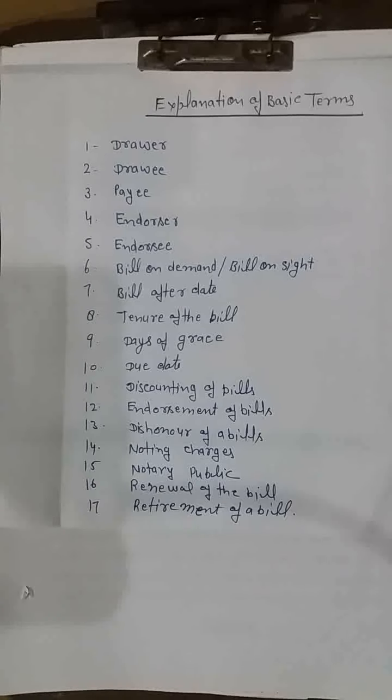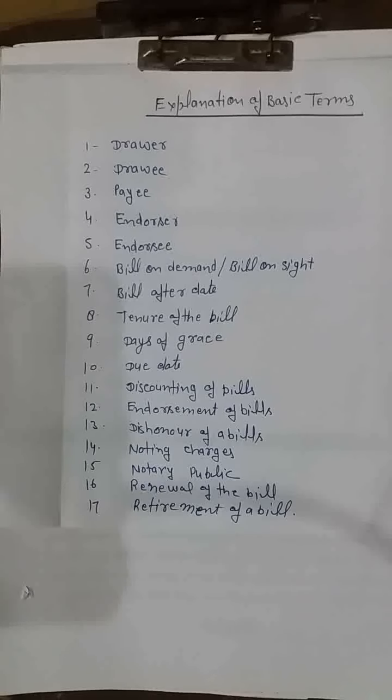When a bill of exchange has been dishonored, the holder causes such dishonor to be noted by a notary public. For providing this service, a fee is charged by the notary public, which is called noting charges. Number 15. Notary public.